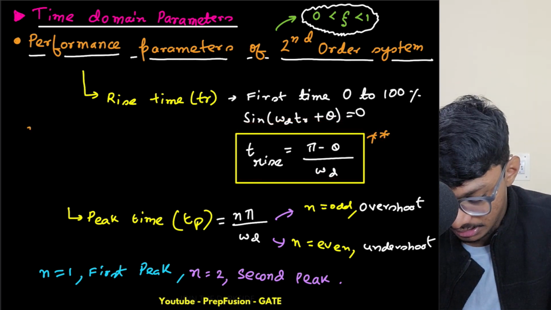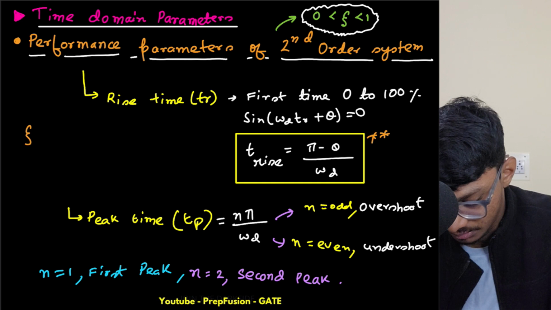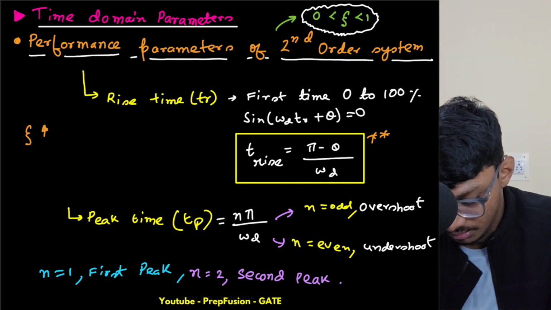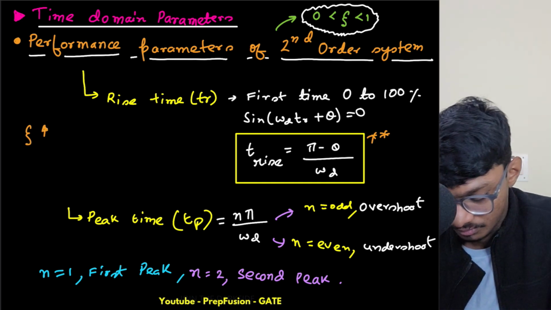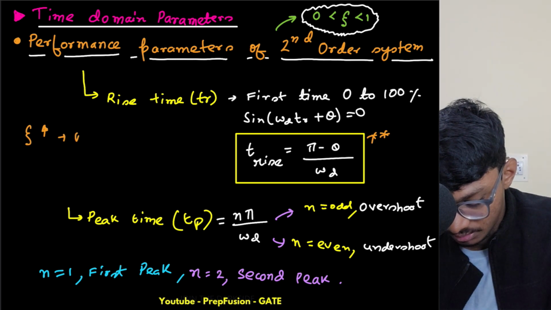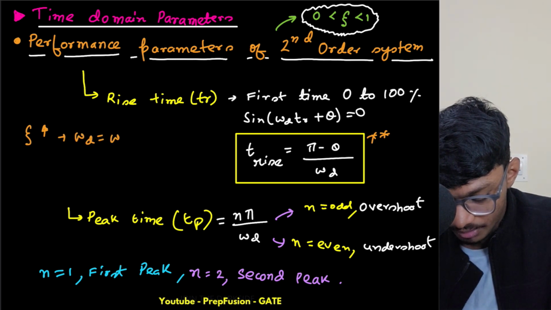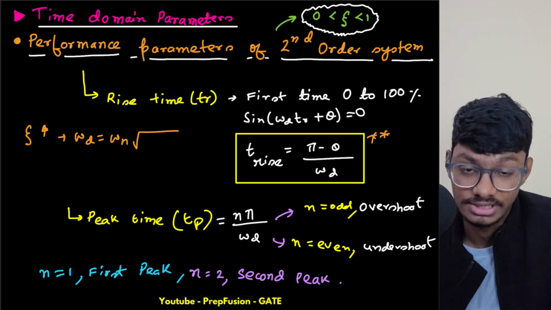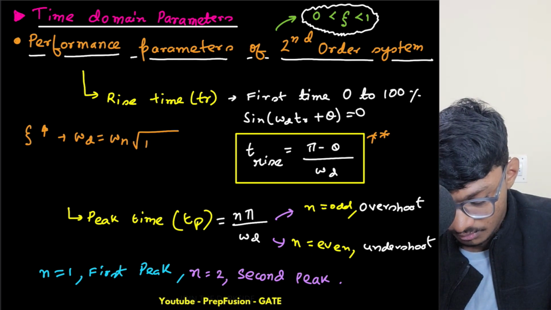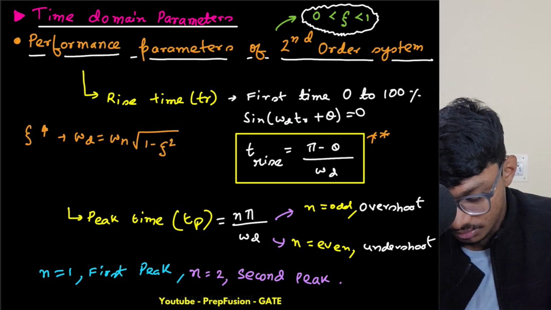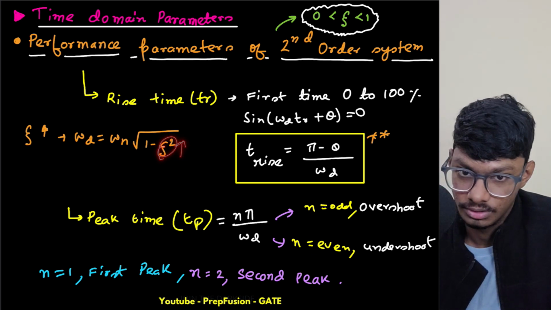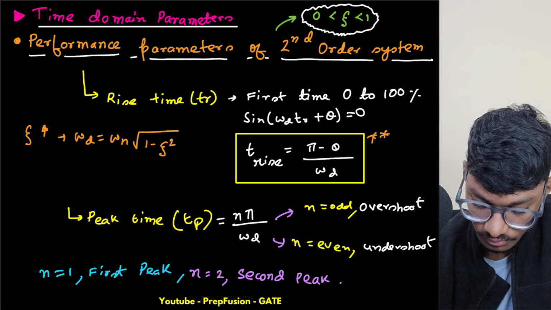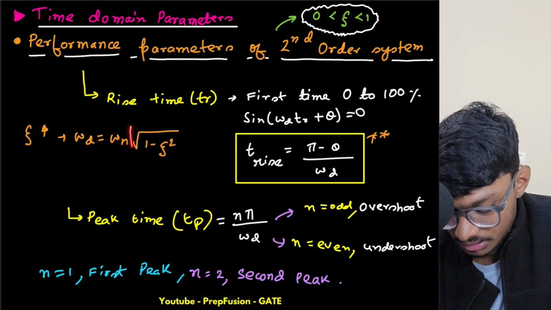So if zeta is increasing over here, then what is happening? Then my omega d is equal to omega n times root of 1 minus zeta squared, and I'm assuming my natural frequency is constant. So this will increase, and if this is increasing, overall this will reduce.